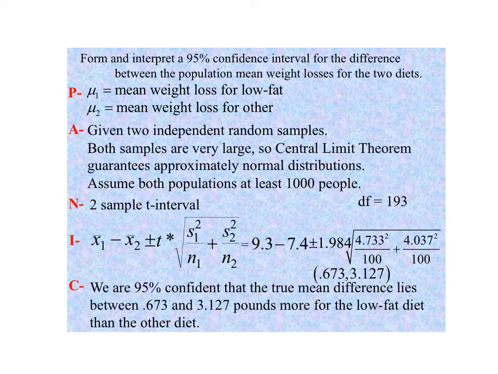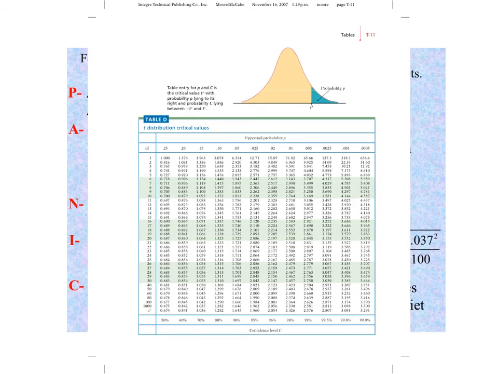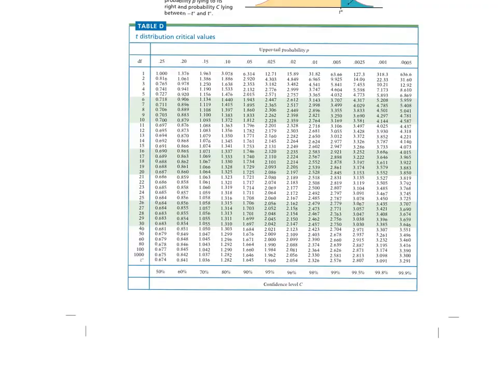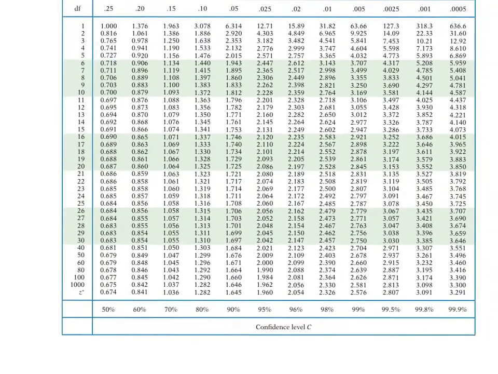If you go to your chart, remember we're doing a 95% confidence interval, and 100 minus 1 is 99, so I'm going to choose 100 from the table, and that leads me to 1.984.